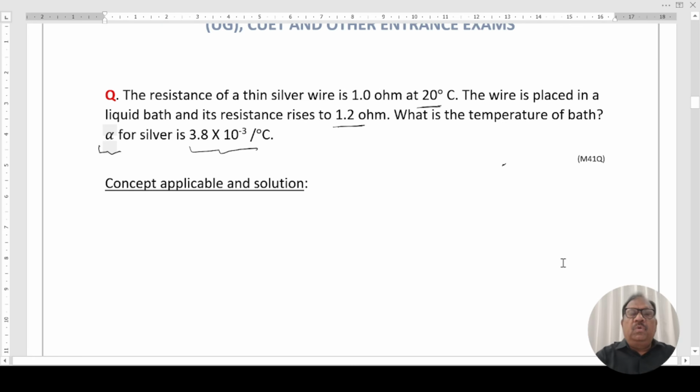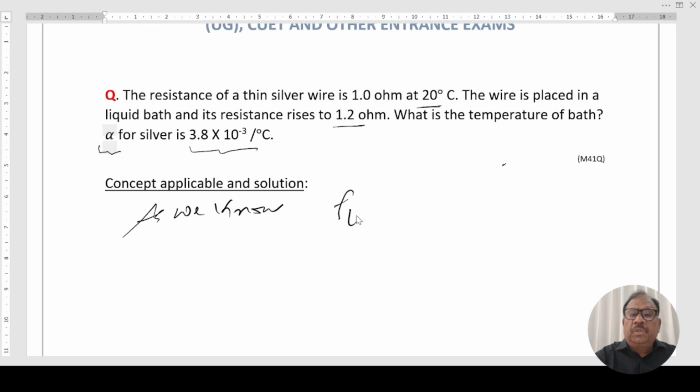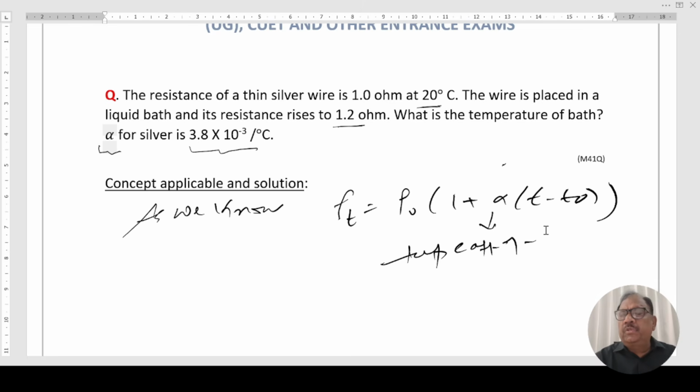Now, as we know, resistivity equals rho 0 into 1 plus alpha into T minus T0. This is the temperature coefficient of resistivity or resistance.